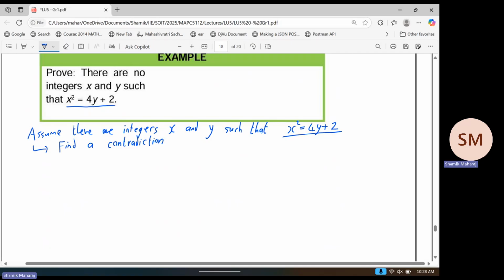So x, if I can write x as some integer, doesn't say order even, x as an integer. That's the x by 4y.